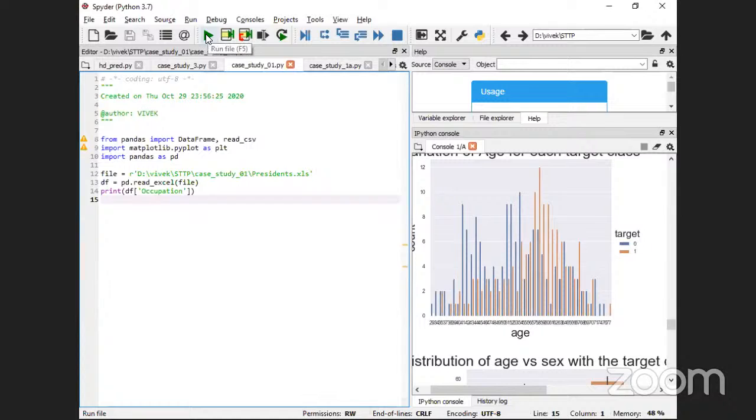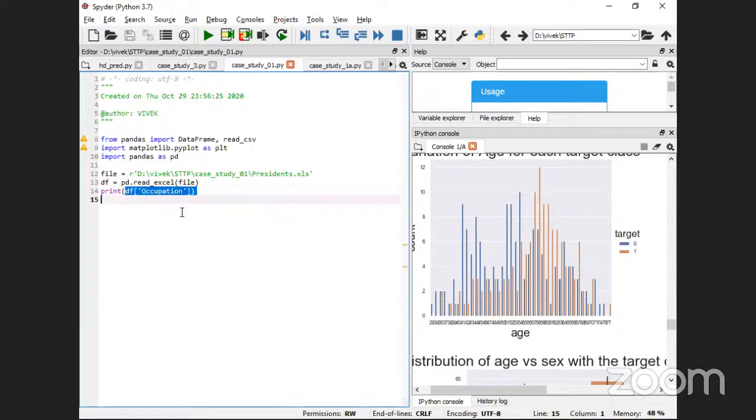Now, first we are going to see the presidents based on their occupation. For that, I have used the data set. This is the link where I maintain my data set. I maintain the president data in an Excel sheet, so I have referred to that file, where I'm going to read this Excel file, and pd is the reference taken for the pandas library, and then you are going to store it, of course, as a data frame.